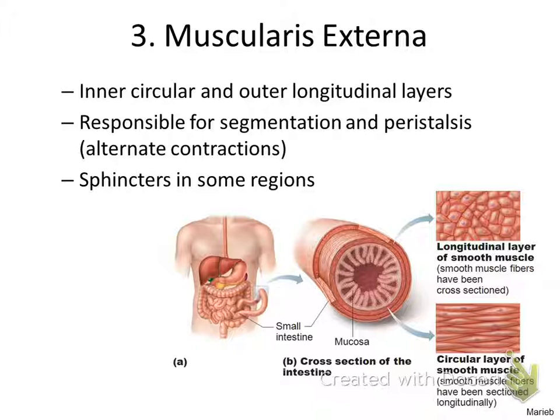So when a sphincter happens, it happens in this major layer. Remember, that's just a ring of muscle that can do what? It can contract so much that it totally closes off the tube. So it acts kind of like a door, regulating what moves from what organ to the next.